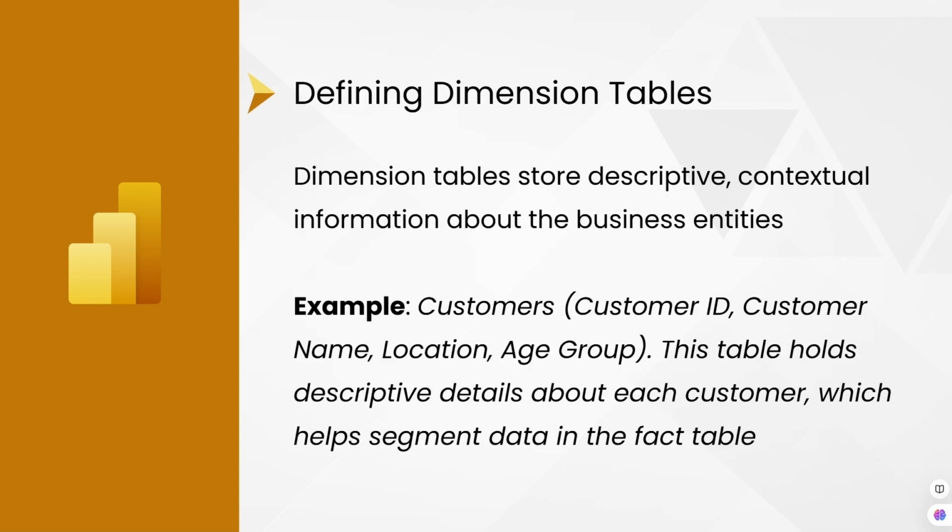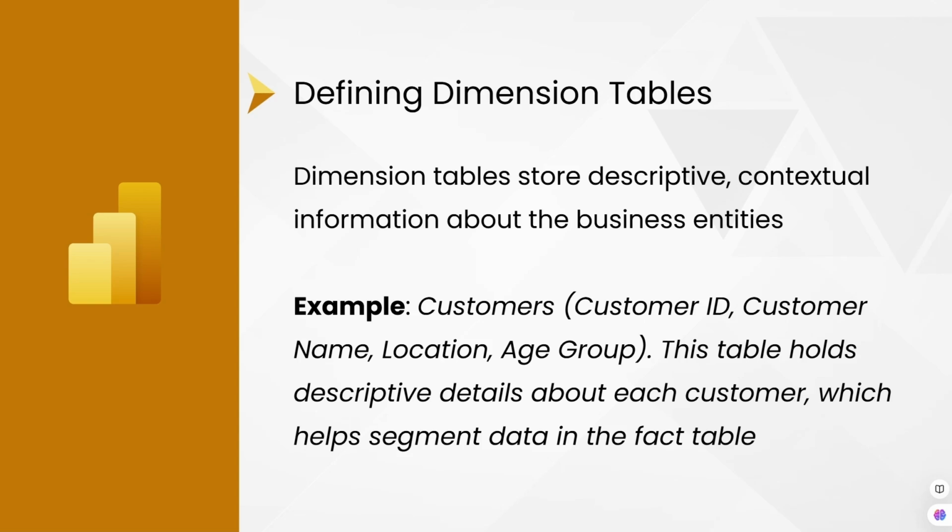Next, we have dimension tables. Dimension tables store descriptive information about the various entities involved in the business process. Unlike fact tables, which focus on numbers and metrics, dimension tables provide context and additional details about the entities connected to those metrics. For example, imagine a customers table. It might look like this.